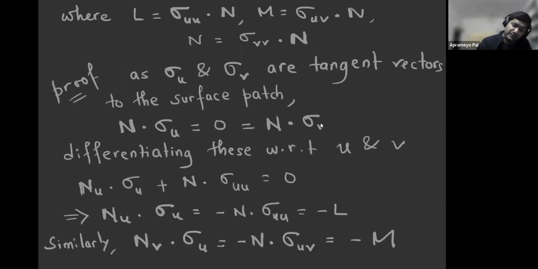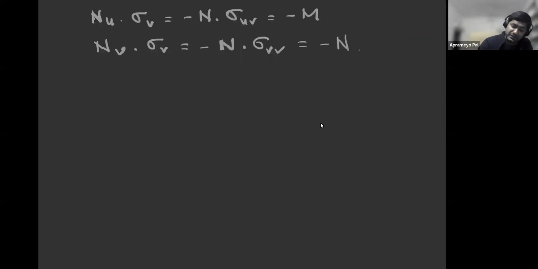Right? You just need to understand one thing: you differentiate first with respect to u, then you get this by the chain rule, and then taking this coefficient to the other side, you get this. And similarly you also get minus M. This again you get because u and v are symmetric here.